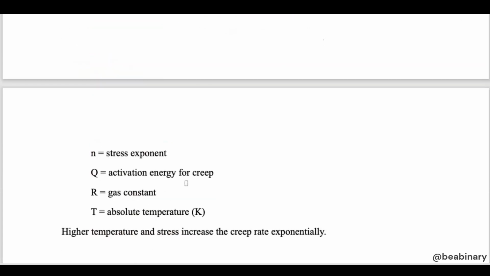What is n? n is the stress exponent. Q is the activation energy for creep, the energy required to initiate creep. Creep will not initiate early. Deformation occurs when the material takes in energy.